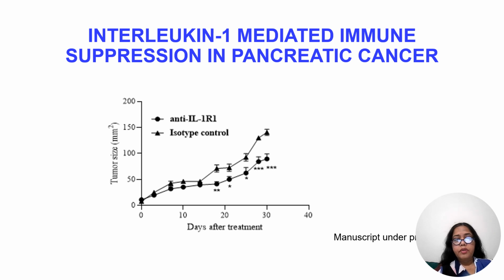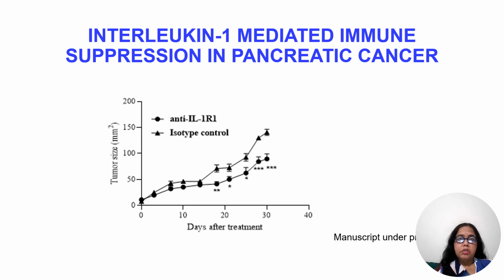However, CD40 agonist also causes liver damage in pancreatic cancer patients, and CD40 agonist monotherapy is not very effective. Less than 50% of patients responded to CD40 agonist, and after some time these patients developed resistance.